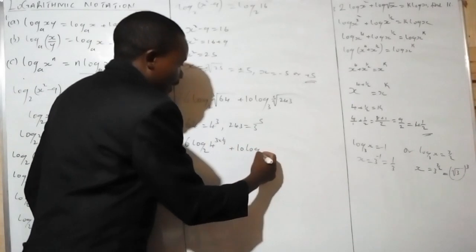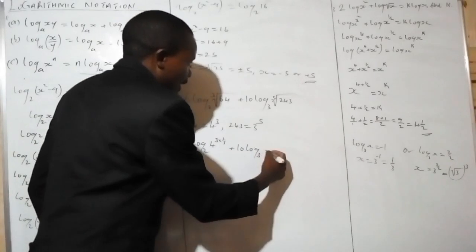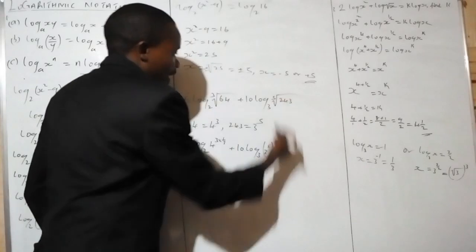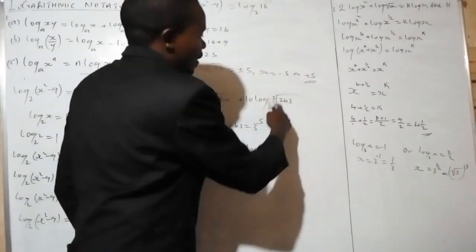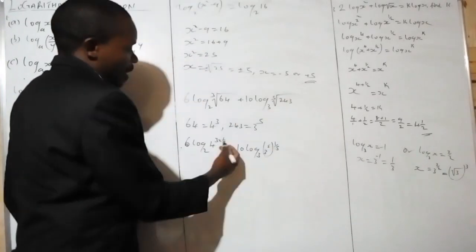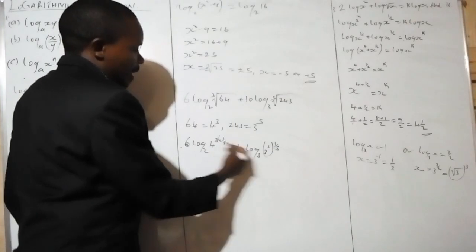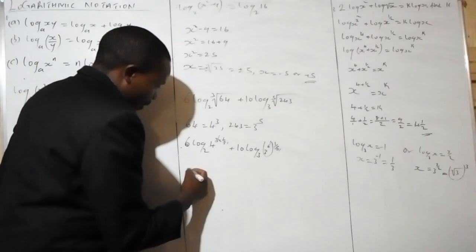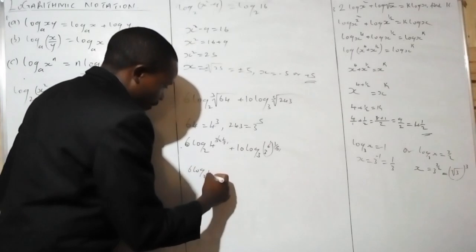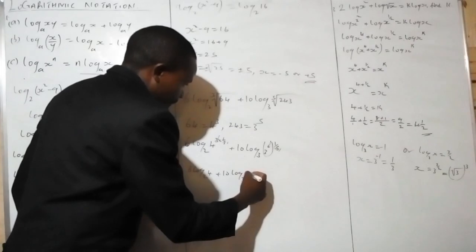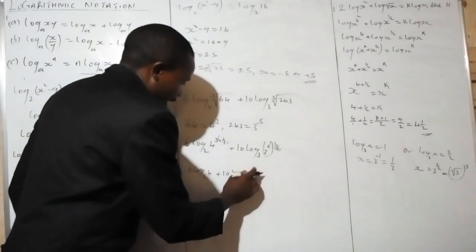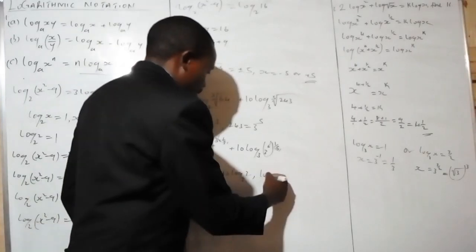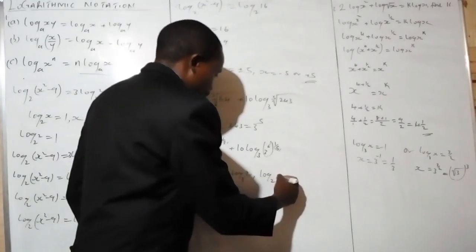Then in brackets raised to the power a fifth, so raised to the power fifth means fifth root. You can cancel the powers 3 by 1 over 3, and 5 by 1 over 5, to have 6 log to base 2 of 4 plus 10 log to base 3 of 3.